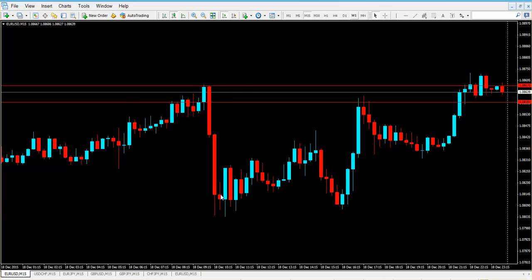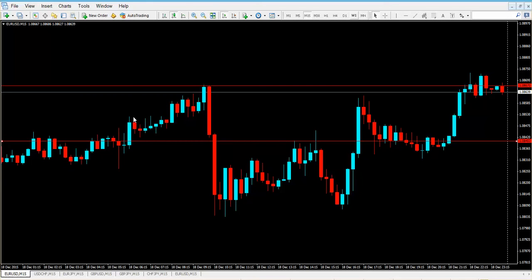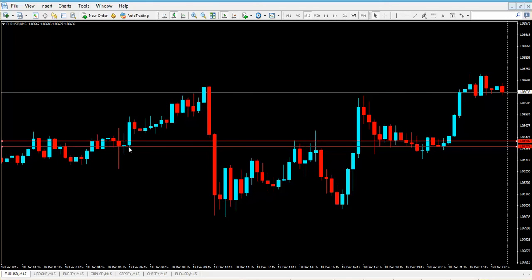This candle opens at 10:30 and closes at 10:45. The wick represents where the price went to. Let me move these lines to this candle over here because it gives you a better representation of what a wick is.